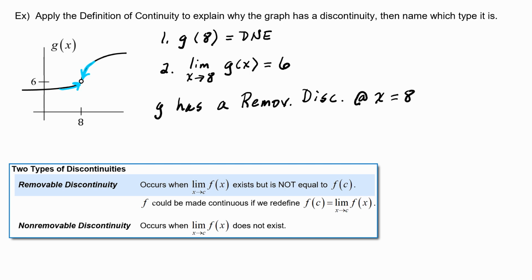Now, because it's a single point that's causing the discontinuity, that's what makes it a removable discontinuity.